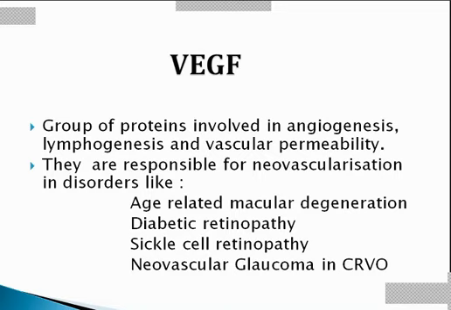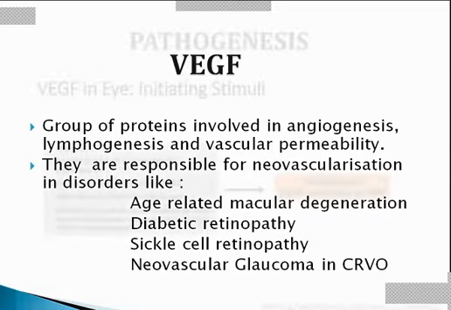Whenever there is hypoxia in the retina, it acts as a trigger and produces vascular endothelial growth factor that will produce new vessels. This is seen in age-related macular degeneration, proliferative diabetic retinopathy, sickle cell retinopathy, neovascular glaucoma, and severe central retinal vein occlusions.